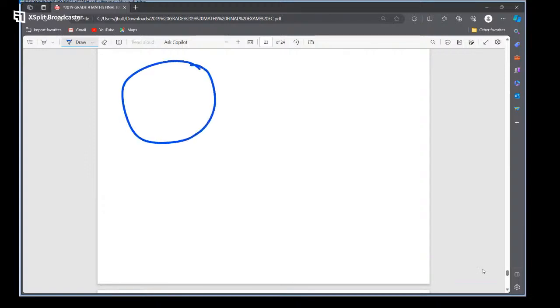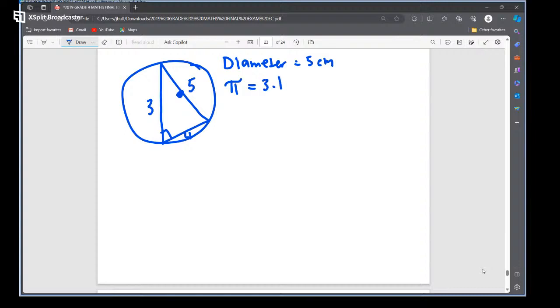So we had the circle, we've got this triangle in the middle, obviously not exactly drawn right, but anyway, so we said it was a 3, 4, 5 triangle, and then that is our diameter, so our diameter is 5. And they tell us that we need to use pi is 3.14. No, just 3.14, sorry.